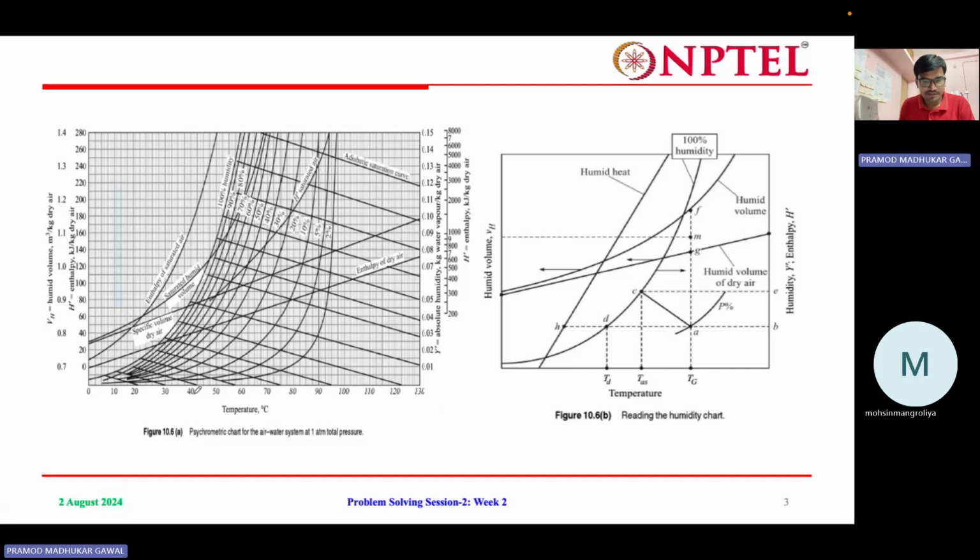The outlet temperature is 35 degrees Celsius. This one's 30.